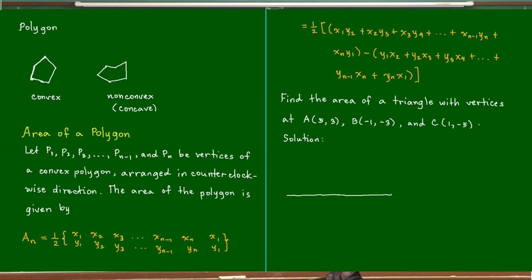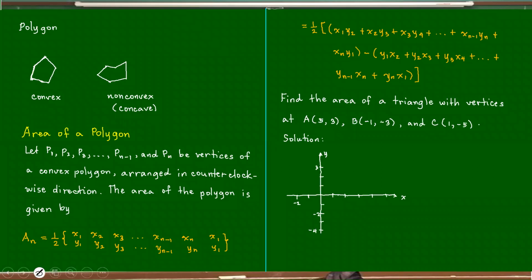Let's say this is the x-axis, the y-axis. 1, 2, 3, 4, 5. 1, 2, 3. And negative 1, -2, -3, -4.